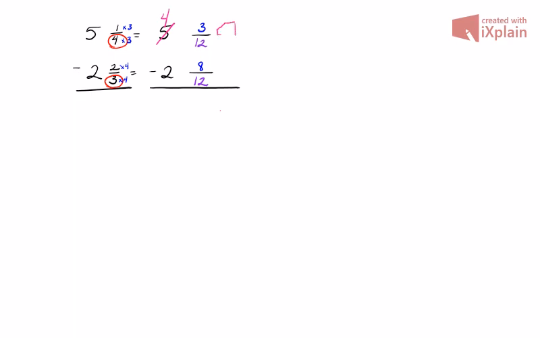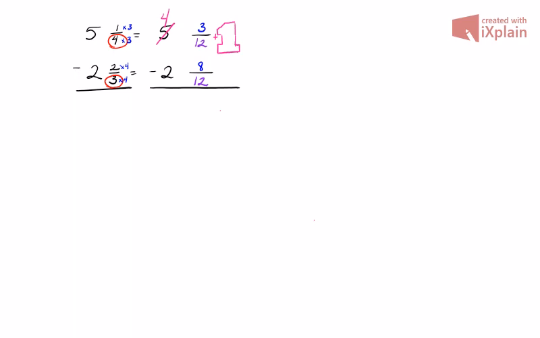The reason why I'm going to draw this bubble number 1 is because I'm borrowing the 1, so the 5 has been broken into this 4 and then this 1. I'm going to add this 1 to that fraction of 3 twelfths.